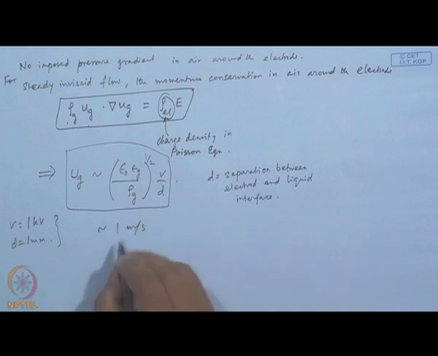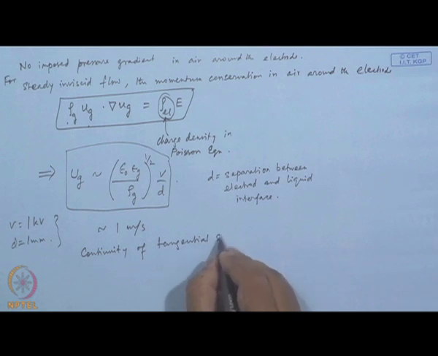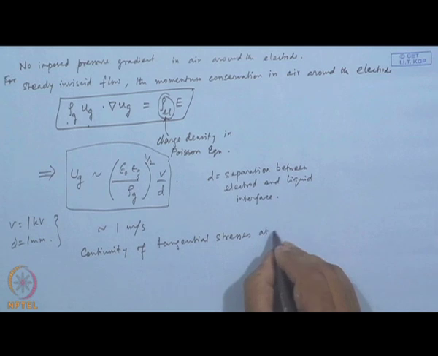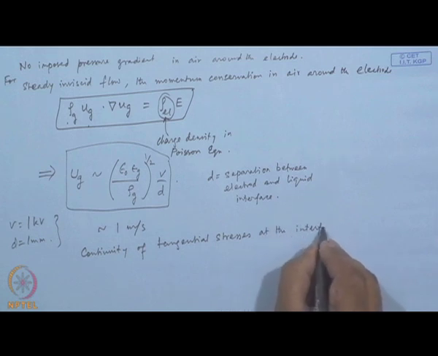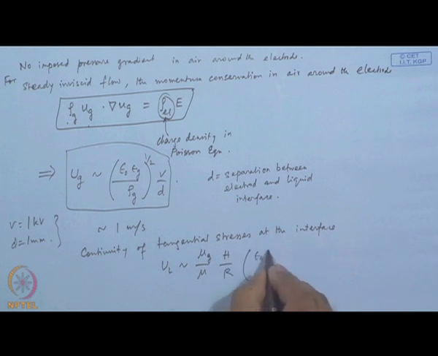And then if they use the continuity of tangential stresses at the interface, then one can come up with UL, the liquid velocity at the interface, that would be, so this was already there, and then you multiply this.